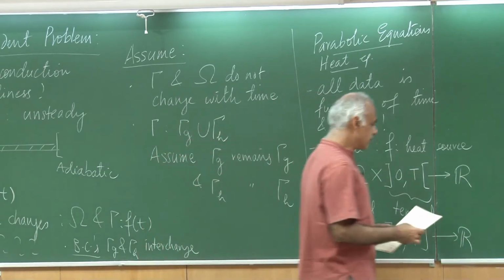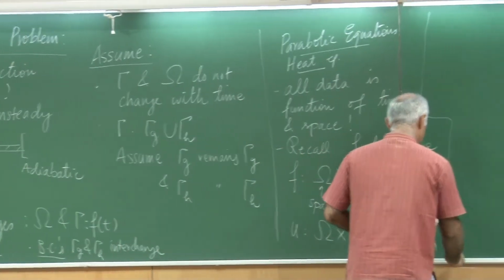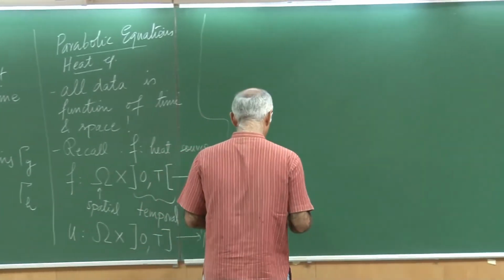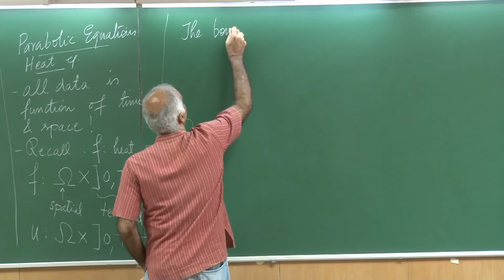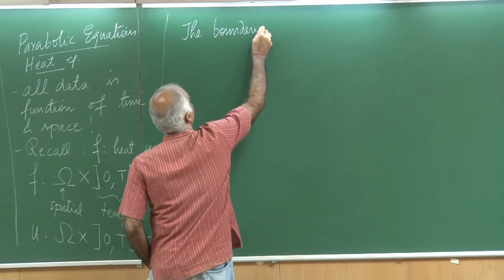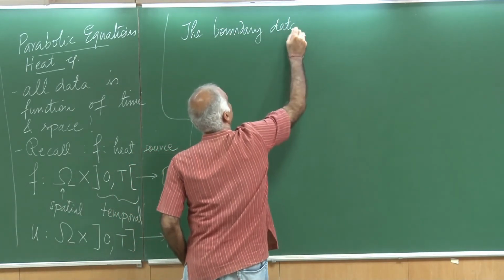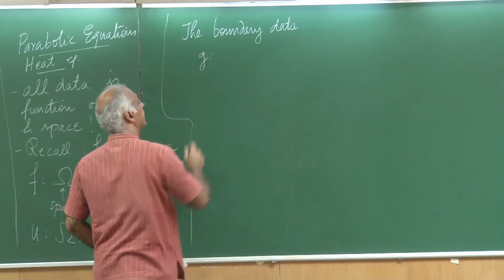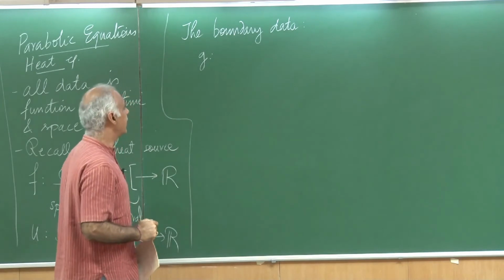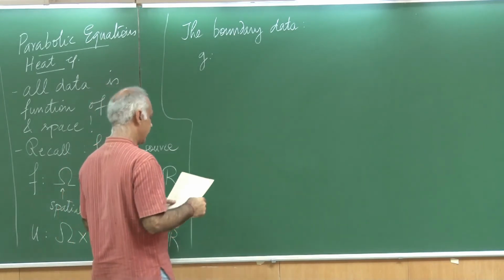All right, let us look at some other quantities which we are going to use. So, the boundary data that we have used before, for example, G is the Dirichlet value of the boundary condition.